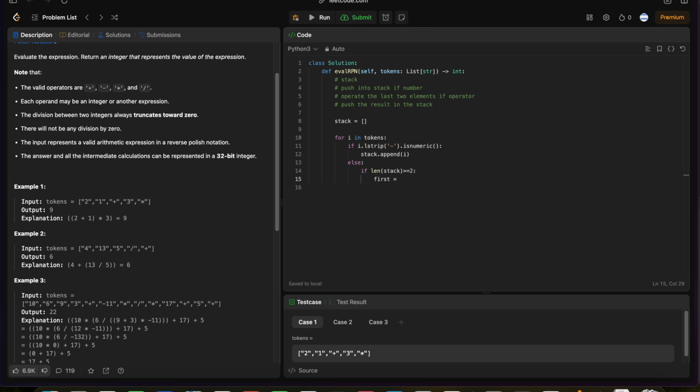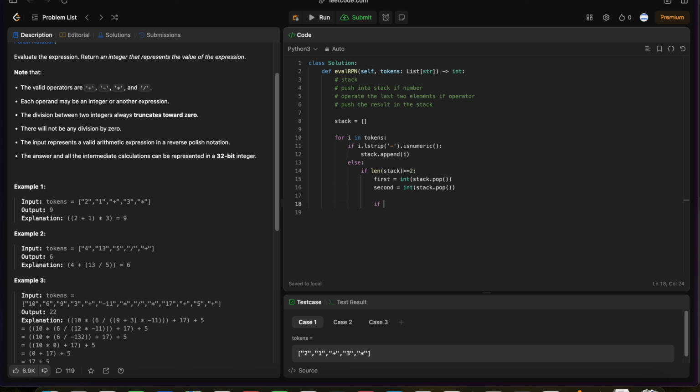First equals int of stack.pop. Since those were strings, we need int to cast into an integer. Second equals int of stack.pop. So these are the two values.